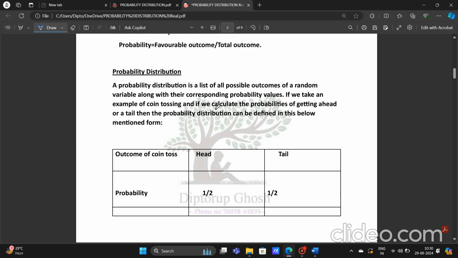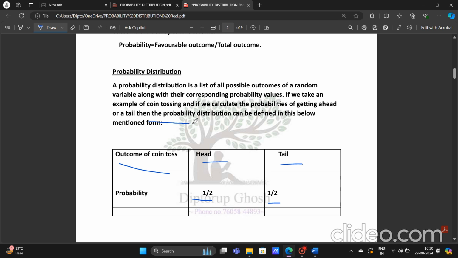So if we calculate the probabilities of getting a head or a tail, then the probability distribution can be defined as follows in the mentioned form. This table can be said to be the probability distribution. Representing the values of probability corresponding to the events is basically known as probability distribution.